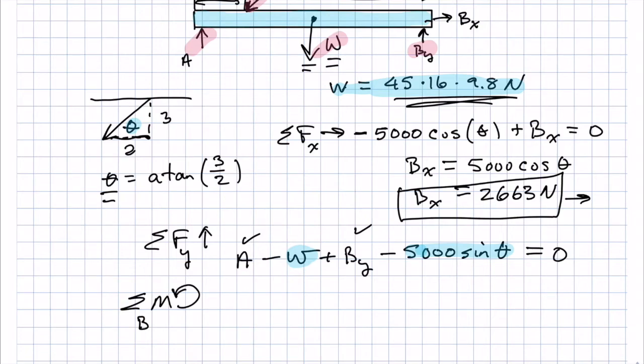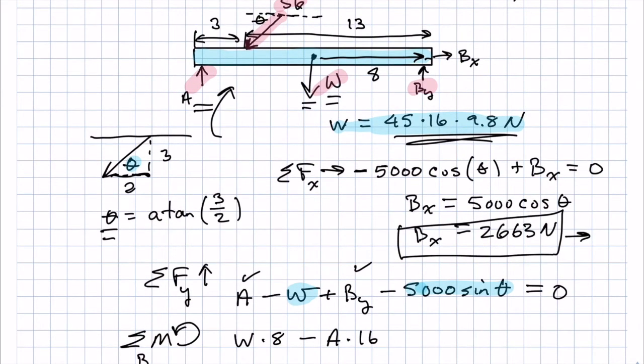So this would be W times the length out to W. If the total length is 16, the midpoint is 8, so W times 8. Then we have A pushing up, which would create a clockwise rotation, so that would be minus A times 16.